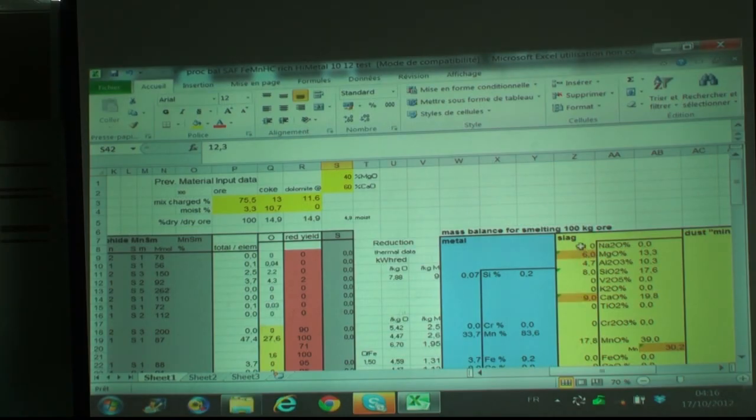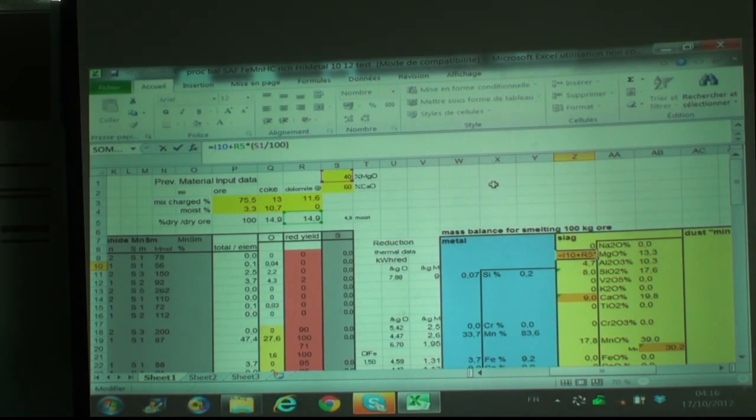You see two special cases, which are external inputs. This is for dololime. It brings MgO. There was no MgO in the coke, but I have put the cell orange, meaning that it is concerned by an external input. The external input is, you can see, the amount of dolomite multiplied by the concentration of MgO.